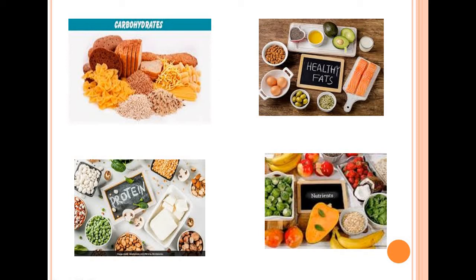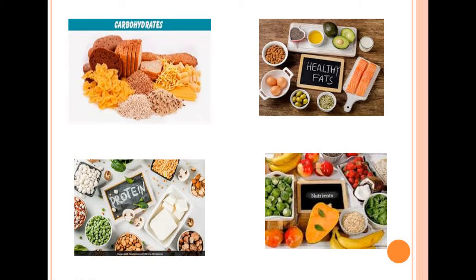Here are fats, like egg yolk, ghee and butter; these all contain fat as a macronutrient. If we talk about protein, we take milk, cheese, paneer, soya and pulses. All these food items are rich in protein.